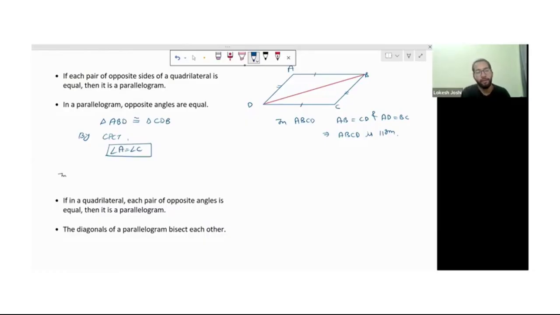In the same way, we can do angle B is equal to angle D, if we make the diagonal AC. This property is very simple to prove and we can follow it by using property number 1. So that's it for this property.